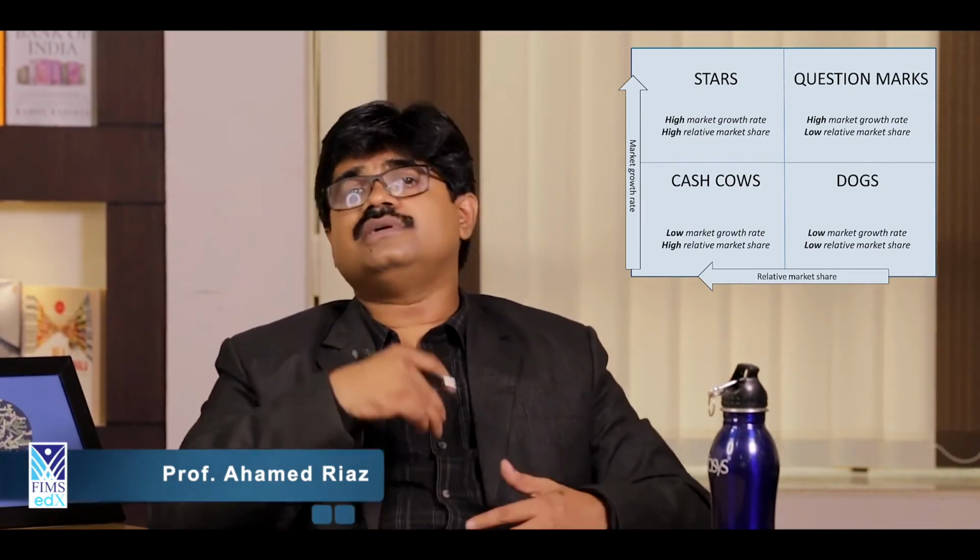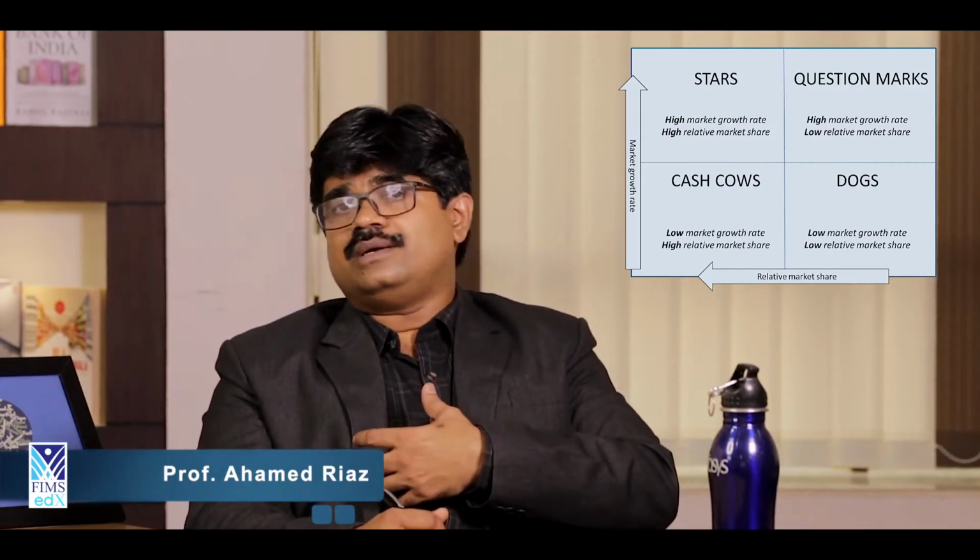Such a business is called a cash cow, because you can milk the profit. You can keep on milking the profit from that business. Because you have very good market share, even if you don't do much promotion, you will keep on getting profit from that particular business as long as the market exists. So that is your cash cow business.